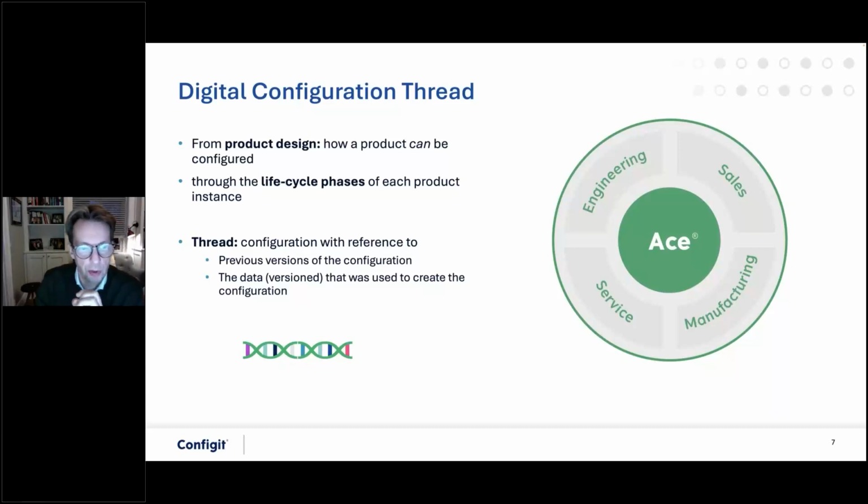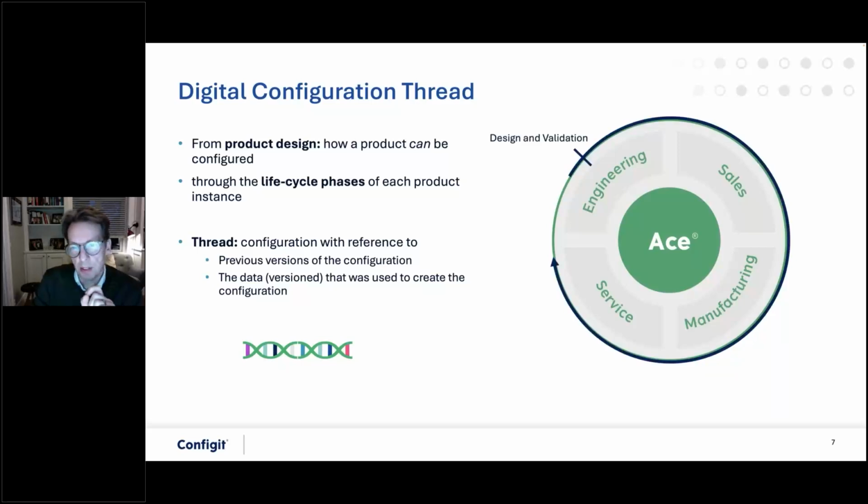So I tried to illustrate that with our CLM drawing there on the right. You could say that in the early phases of a product definition, you do design validation, you do the actual design of the product, and in there you need to have configurations that can help you to do that validation.